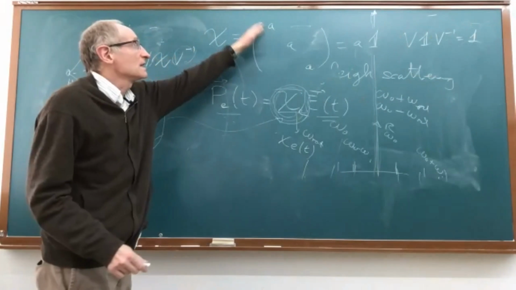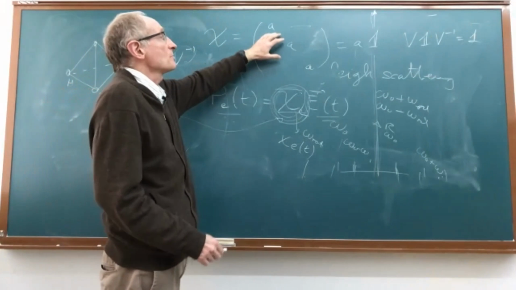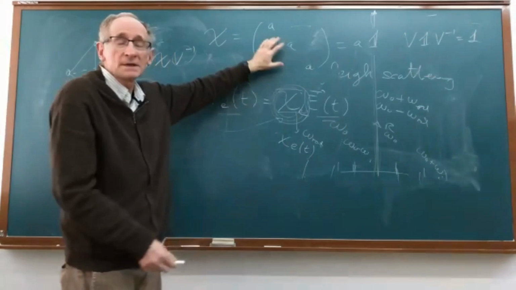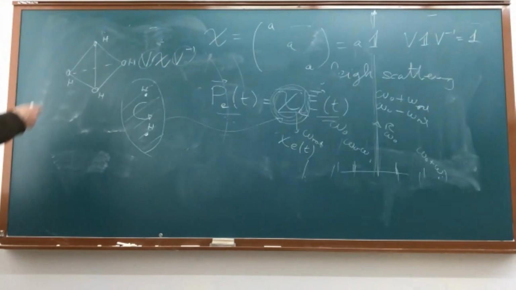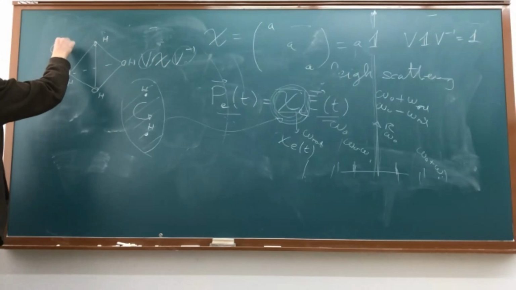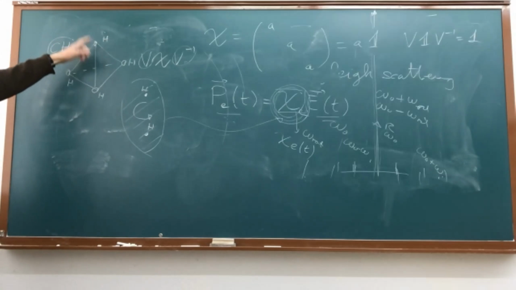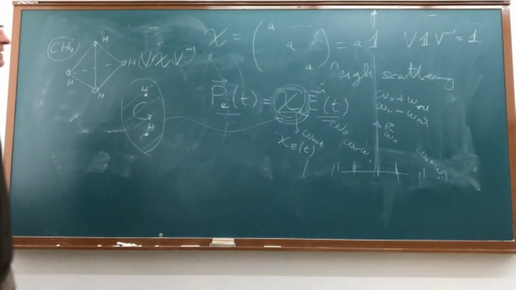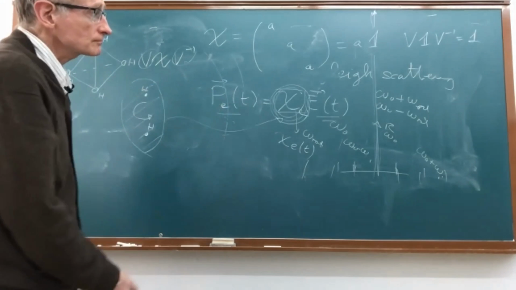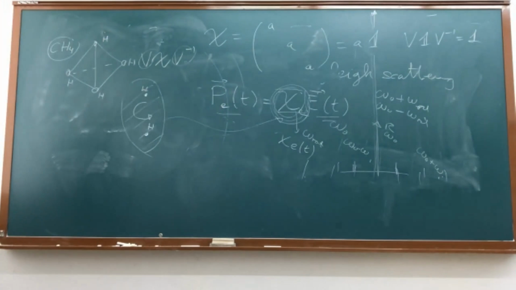So if the tensor is isotropic, even if I rotate it, nothing happens. So you see immediately from this argument that CH4 is inactive in rotational Raman, just because this thing is isotropic.